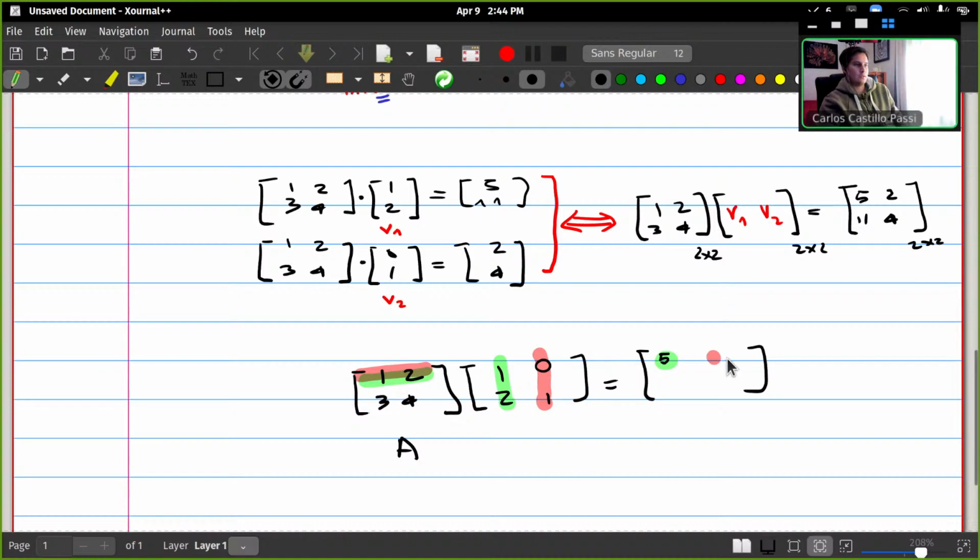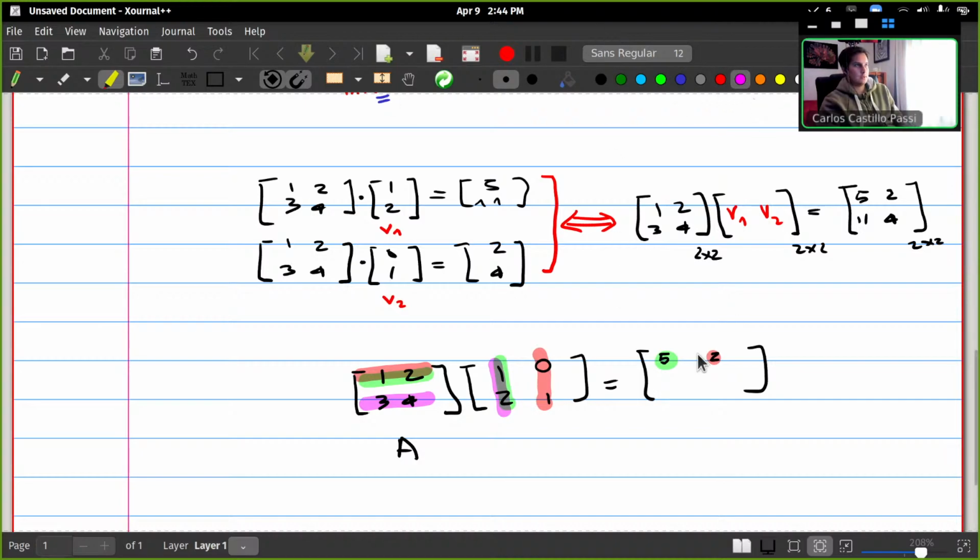So in this case, 2. For the second row, we need to use the second row and the first. So we will have 3 times 1 plus 8, 11.